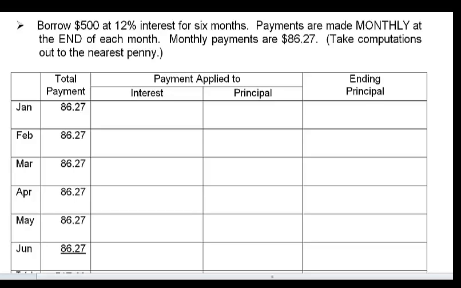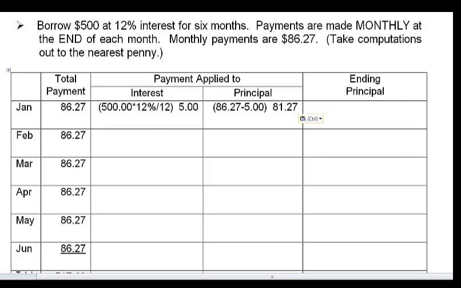For January, for the first payment, it's going to be my beginning principal, $500, times 12%, divided by 12 to get it to a monthly number. Says that my interest then is going to be $5. Of my total payment, $86.27, $5 of it is going toward interest.